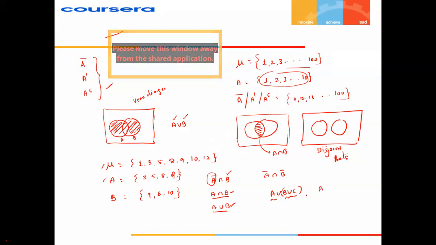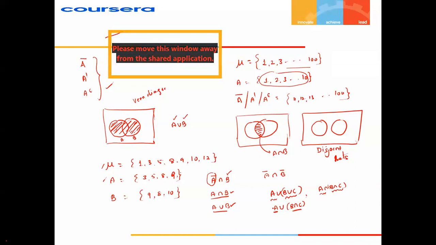A intersection B intersection C: we take common elements between B and C, then common with A. Very simple, right? Similarly, A union B intersection C, like this. Once we understand the basics of union, we know how to find B intersection C, and we know how to join this with A. So that is what we can have in terms of set theory.